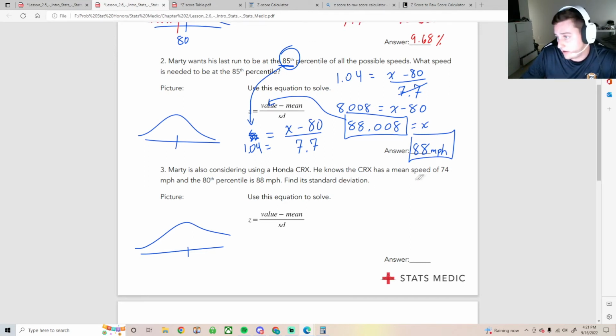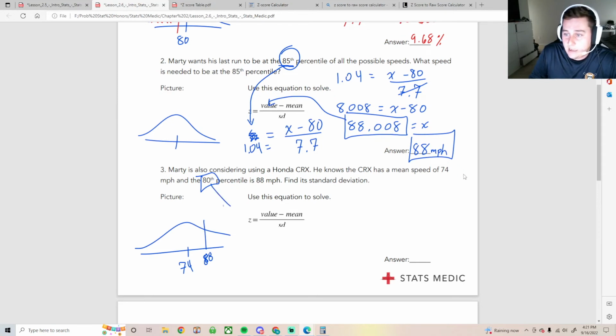Also considering a CRX, a mean speed of 74, that goes there, and the 80th percentile is 88 miles an hour. Find the standard deviation. Like I said, there is no place for percentile in this formula here.